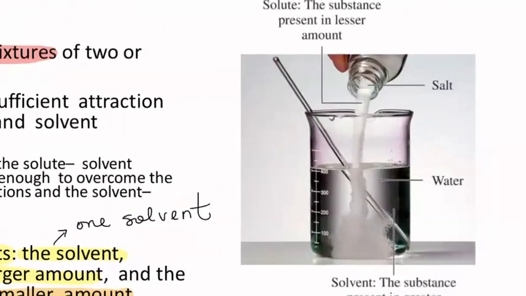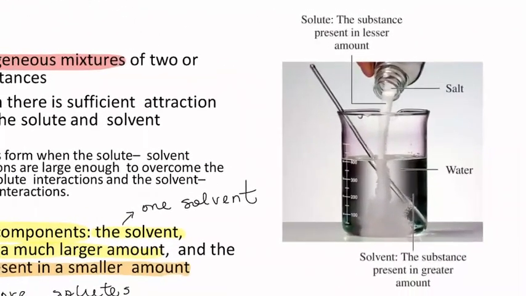In the right corner of the slides, we have a solution that is being formed in which we are combining salt and water. We can see that the water is the substance in larger amount, in other words, the solvent in this solution, while the salt is the substance present in lesser amount, and that's why it's known as a solute.